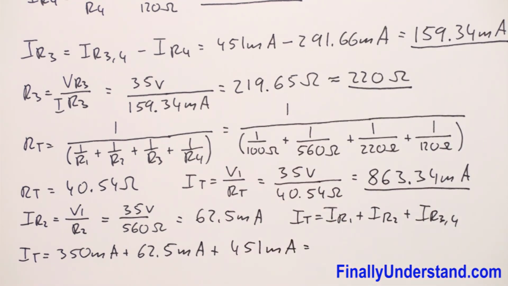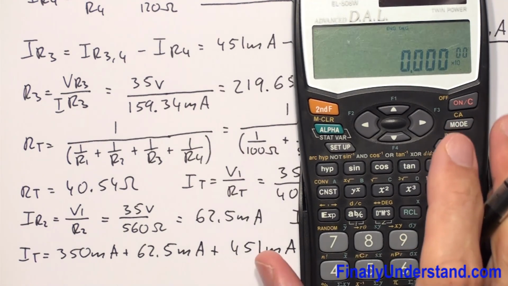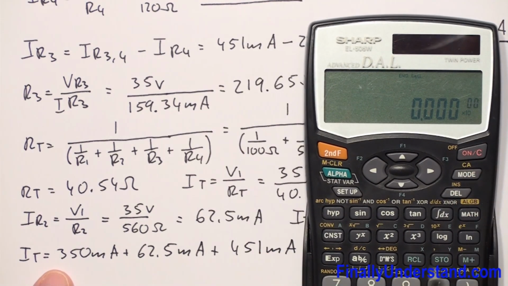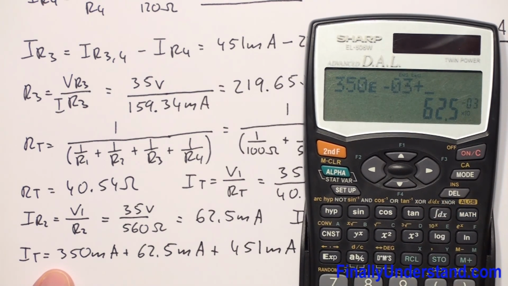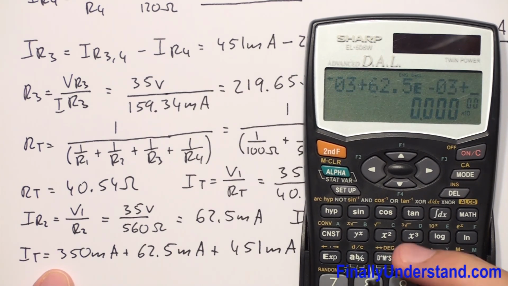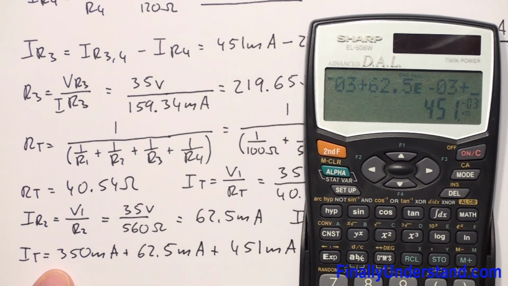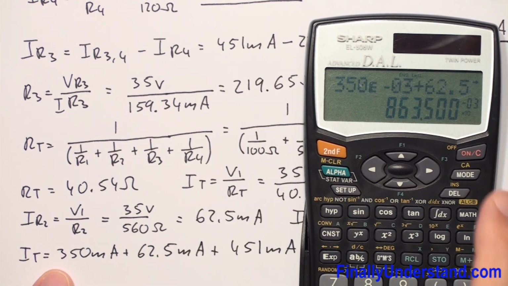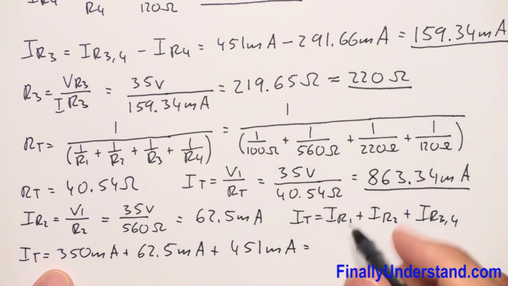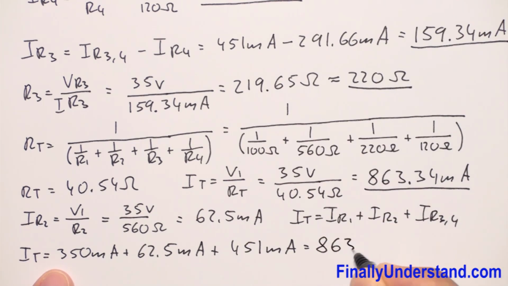Using the calculator, we have 350 exponent negative 3 plus 62.5 exponent negative 3 plus 451 exponent negative 3. This is equal to 863.5 milliamps.